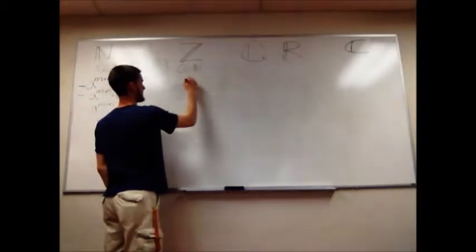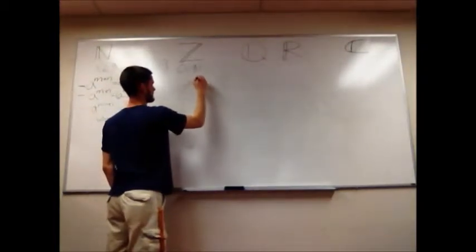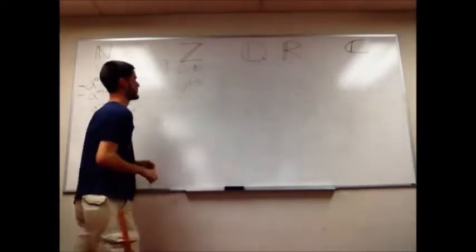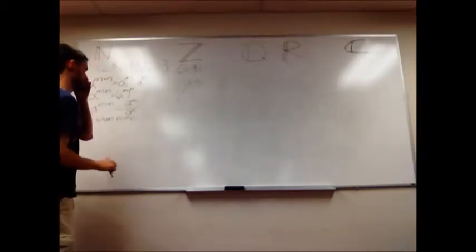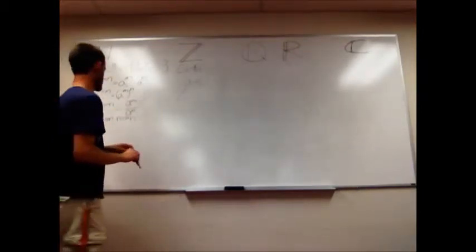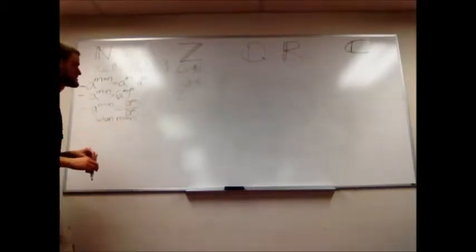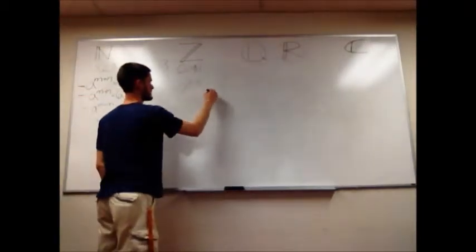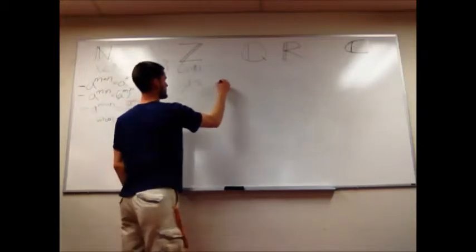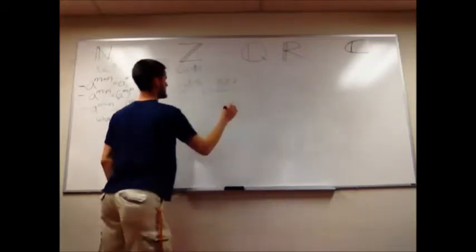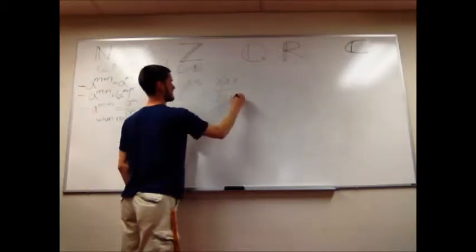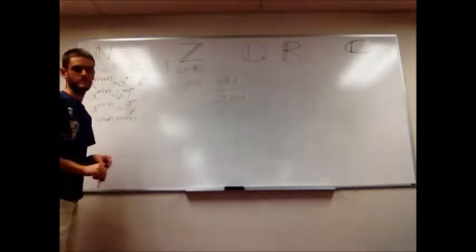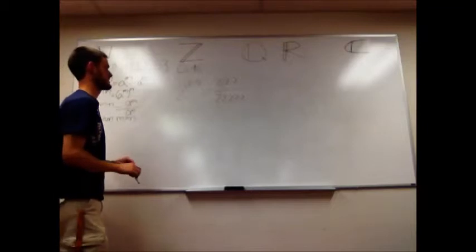What if we had 2 raised to the 3 minus 5? If we extend our definition beyond this, we would do 2 times itself 3 times, divided by 2 times itself 5 times.